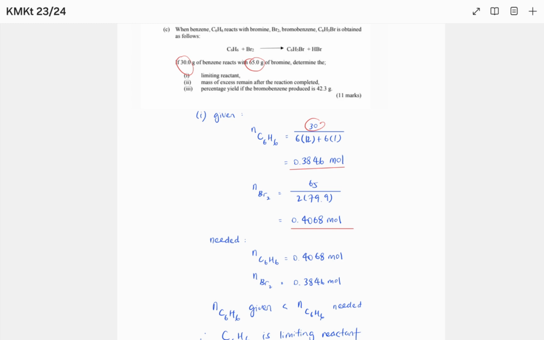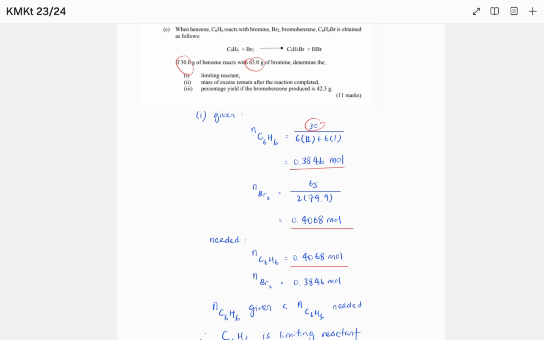Next, we need to find the mole needed. So from the balanced equation, we know that 1 mole of benzene reacts with 1 mole of bromine. So the mole of the benzene needed, we need to compare to the mole of bromine, which is the same mole. So the mole of the benzene will be the same as bromine, which is 0.4068 mole.